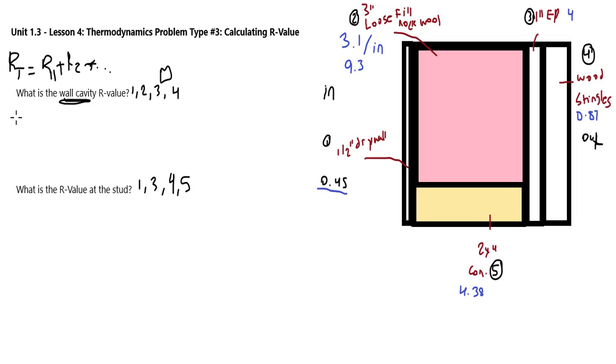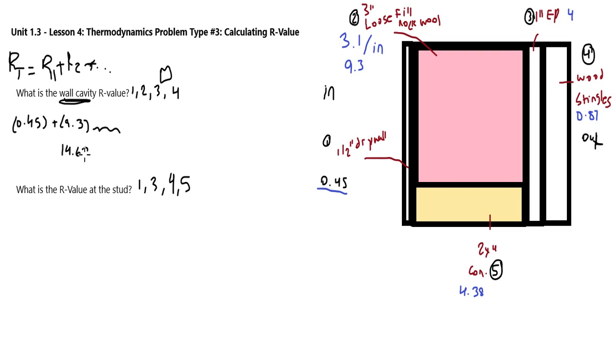For 1, we said that was 0.45, and then 2 is 9.3, and then you would add 4 and then 0.87. Once you add all of those, you get 14.62.